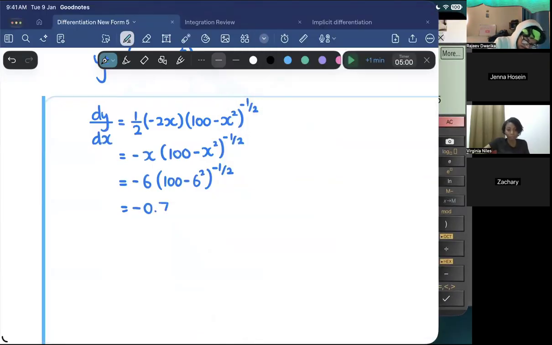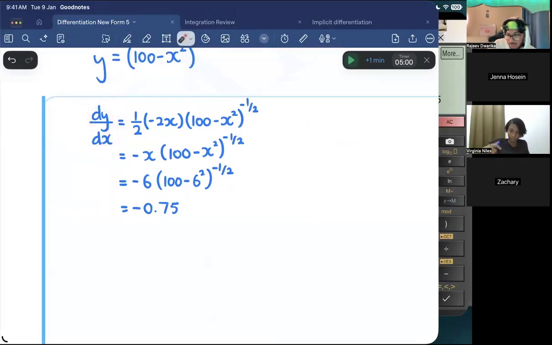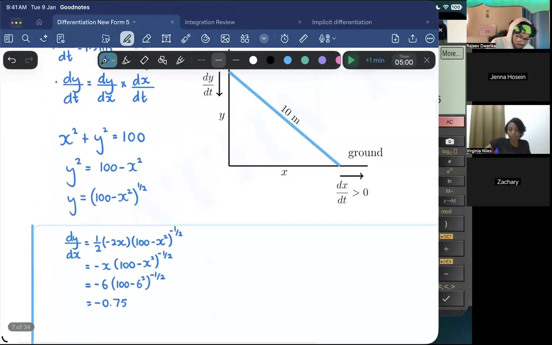Negative 0.75. Yes, sir. Again, Zachary, would dy dx have any dimensions? No, sir, because both y and x have the same dimension, so they will cancel off. So we have dy dx. What do you want to do next?